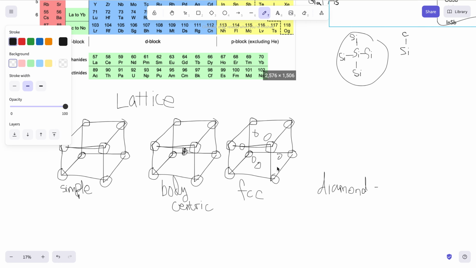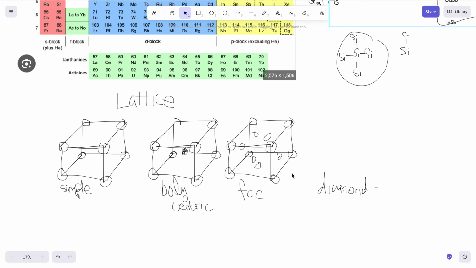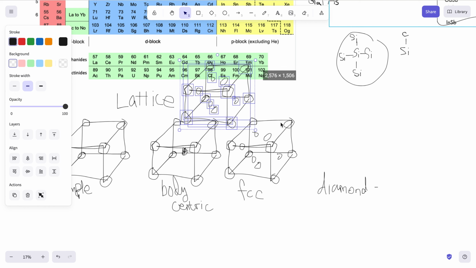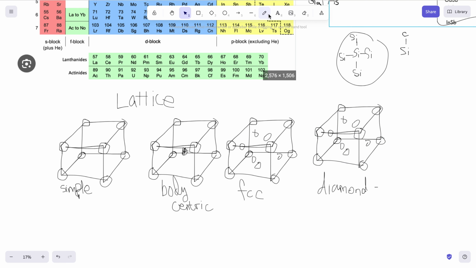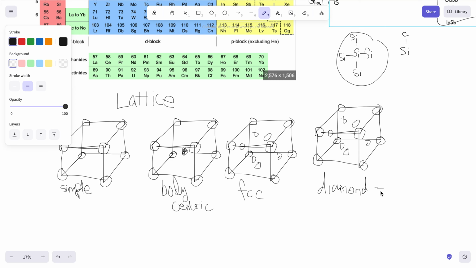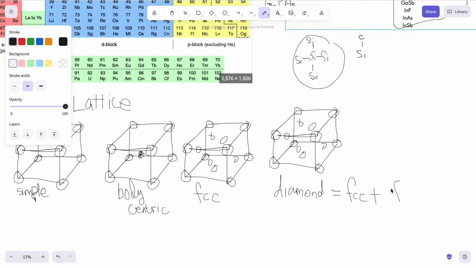It's very similar to a face-centric lattice, except it's almost like a combination of two face-centric lattices. So it's one face-centric lattice, and then also the atoms of another face-centric lattice offset by 1/4 in all directions.